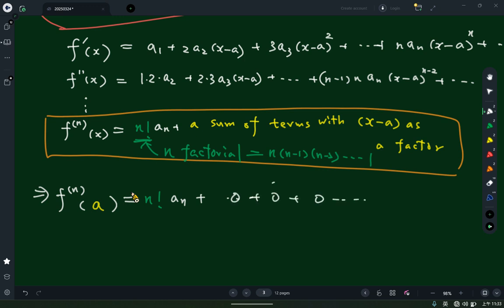Why? Because for the rest of the terms, they always have x minus a as a factor.